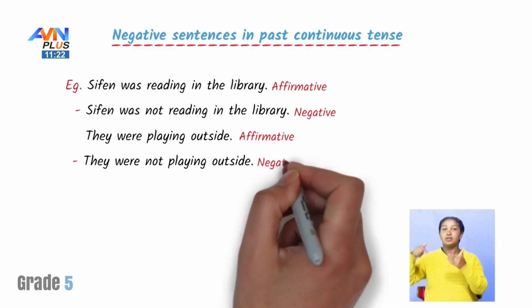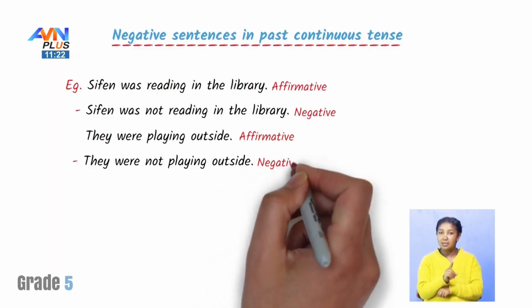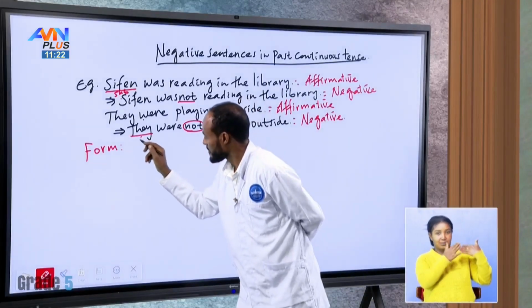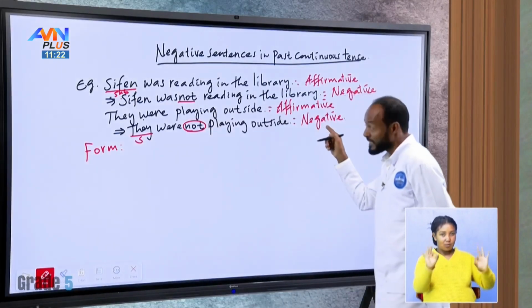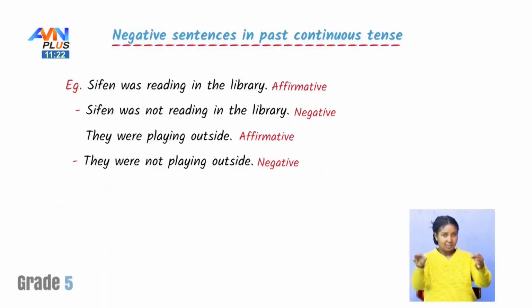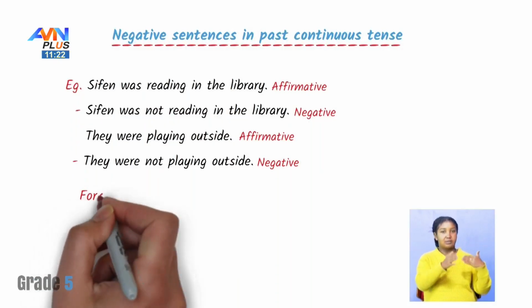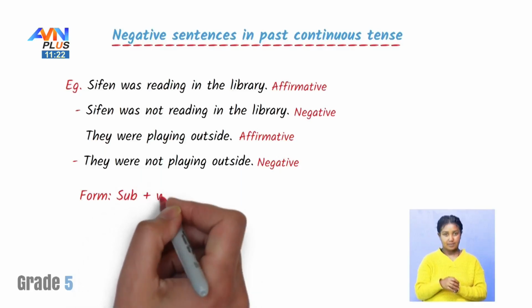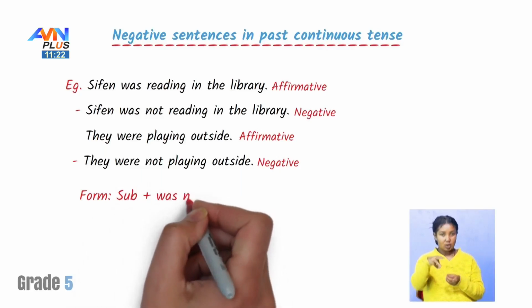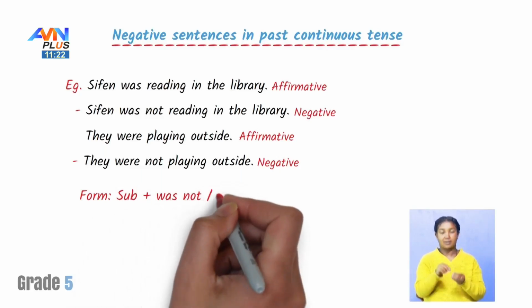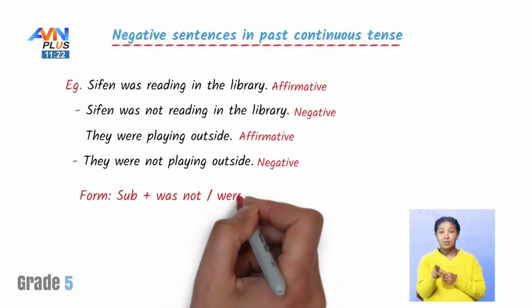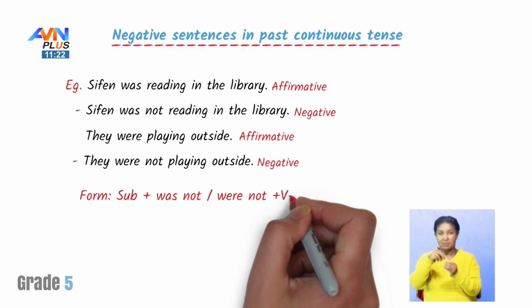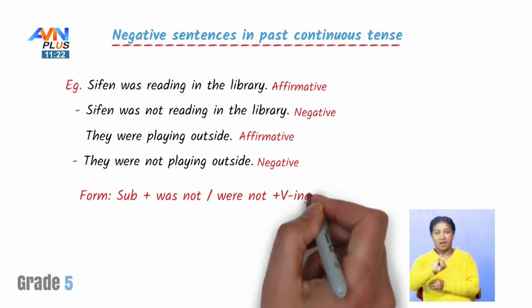So, now it is time to go to the form. Here is the subject. The form of what? Negative sentence. So, here should be subject plus was not or were not plus verb-ing.